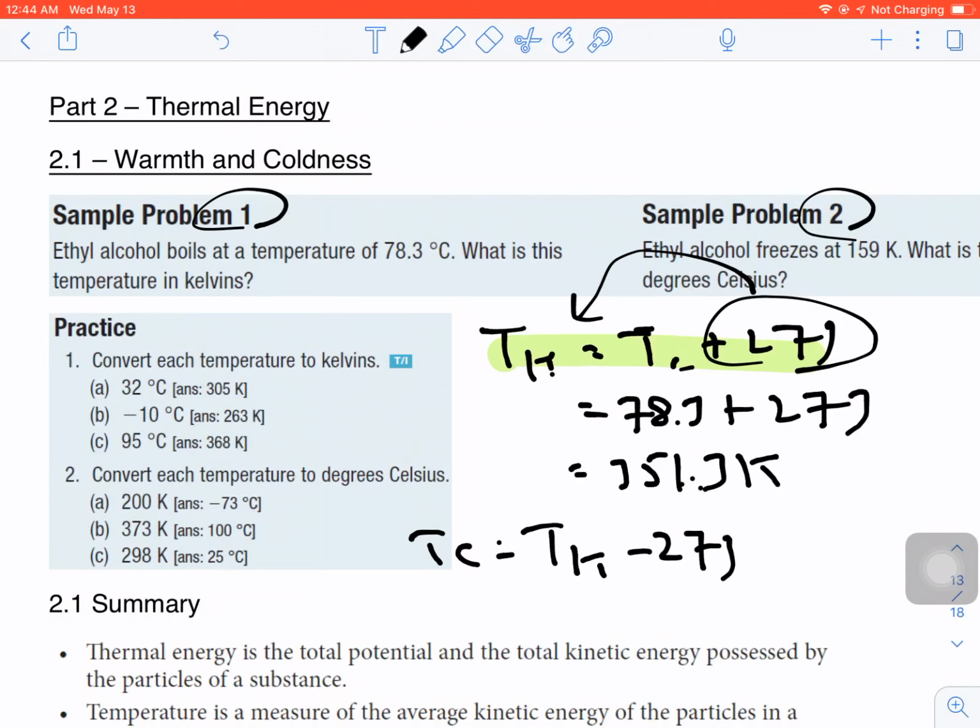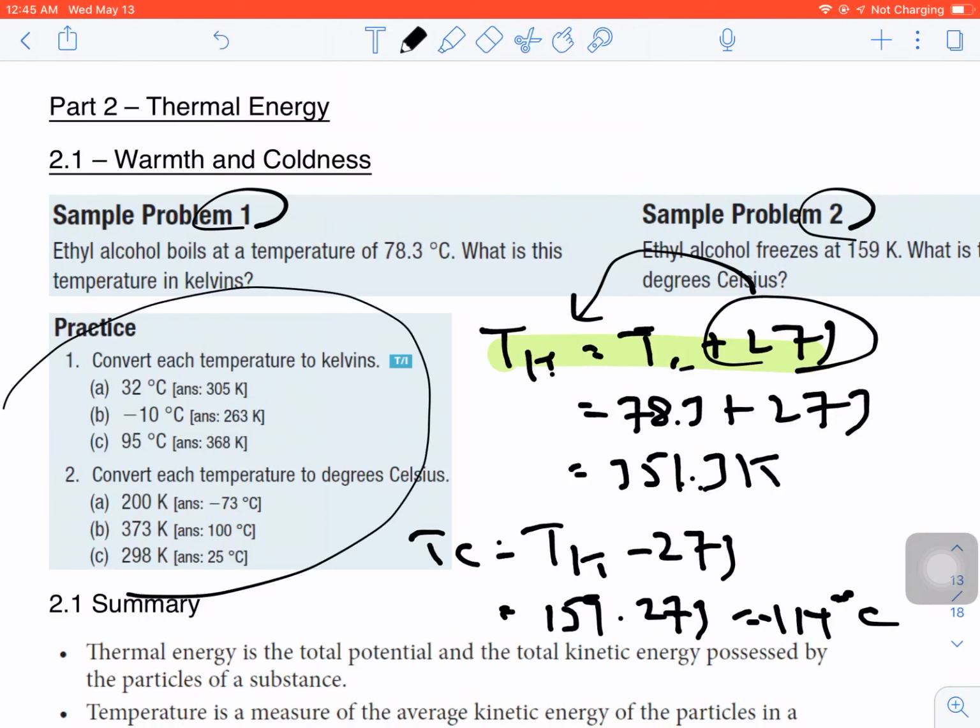So I get my answer as 159 minus 273, and I get negative 114 degrees Celsius. So if ethyl alcohol freezes at 159 kelvins, it freezes at minus 114 degrees Celsius. It's going to be pretty cold before alcohol freezes.